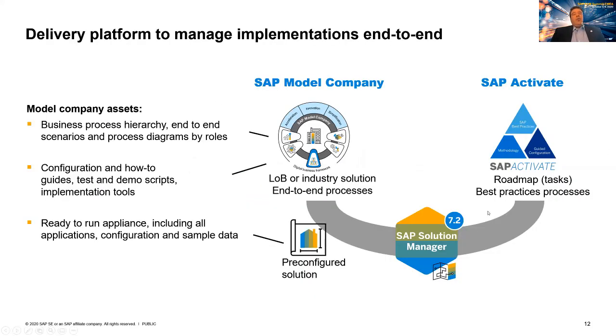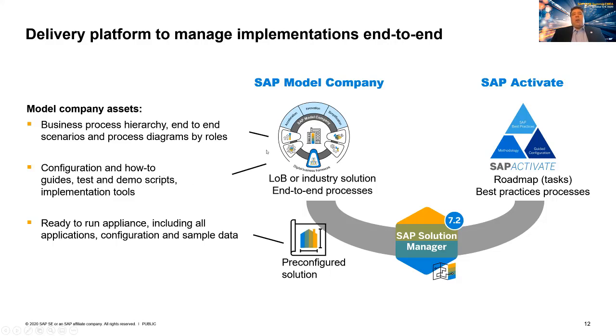So again, to make it visible that the Solution Manager itself is the platform, is the tool. And if you are going for an SAP model company project approach, you will get all the content from the model company, like business process hierarchies, end-to-end scenarios, the process diagrams, but also documents like configuration guides, how-to guides, test scripts, and so on.